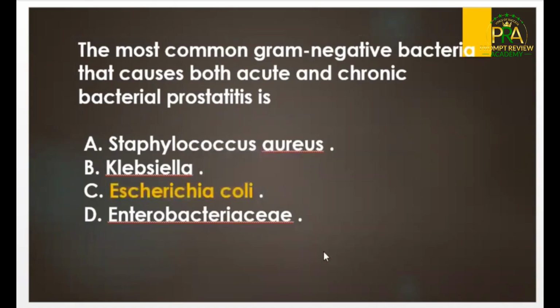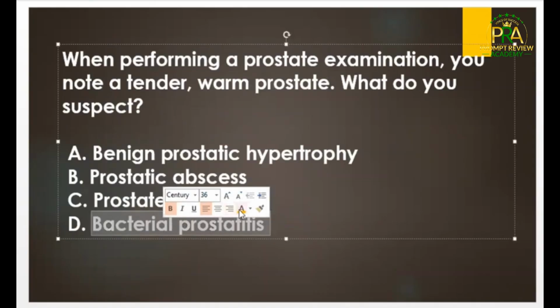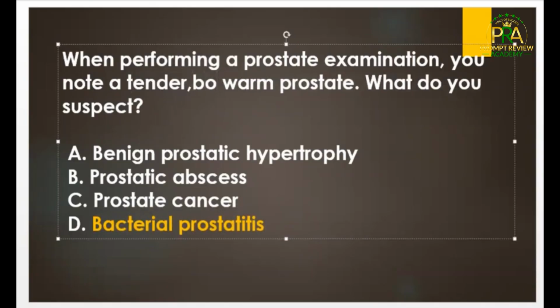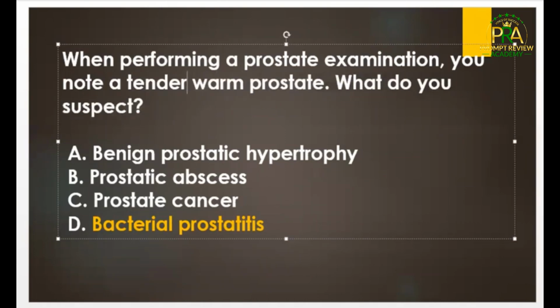This is so common. When performing a prostate exam, you note a tender, warm prostate. That is your prostatitis. So the buzzword here, you can see tender, you can see boggy. Okay, so that is your bacterial prostatitis.